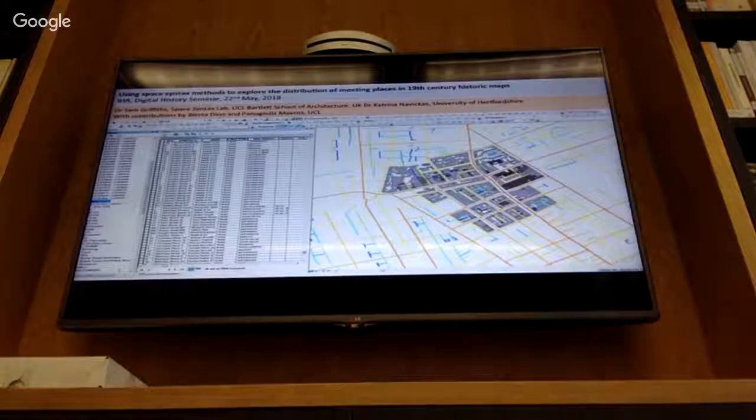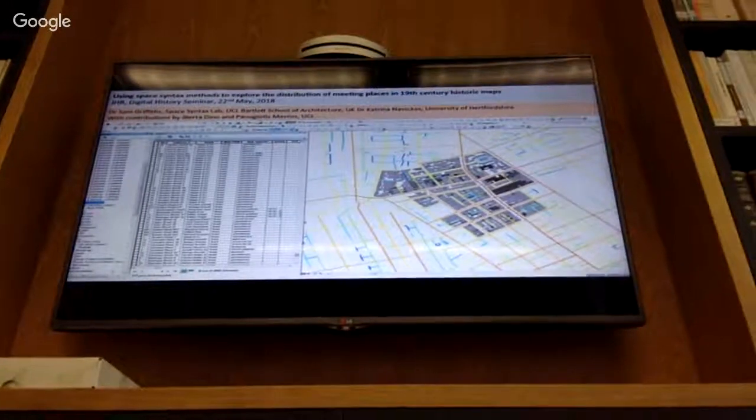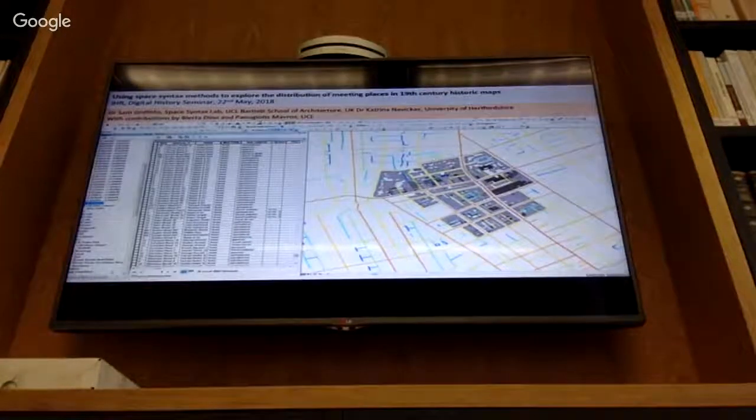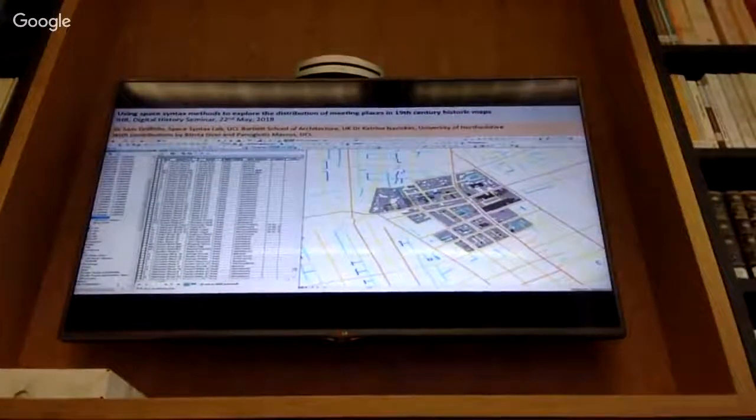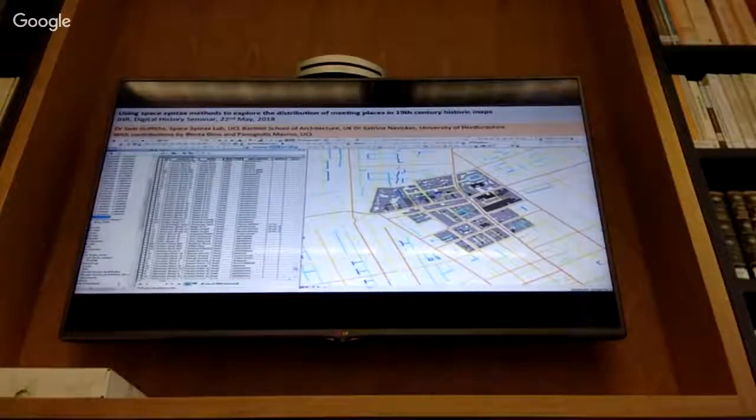We'll also introduce you to Depth Map, which is the software that is used to basically visualise some of the principles that we're talking about. We're not going to provide any solid conclusions because actually our emphasis today is on the process and what we're learning through the process, and hopefully might inspire you to think about your data in new ways and visualising your data.